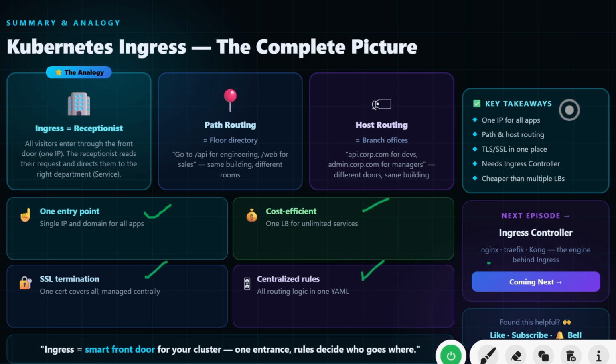Key takeaways: Ingress provides one IP address for all your applications, it provides host as well as path-based routing, and it provides TLS and SSL in one place. It needs an Ingress controller, and it is cheaper than managing multiple load balancers. In the upcoming video, we'll be seeing the Ingress controller.